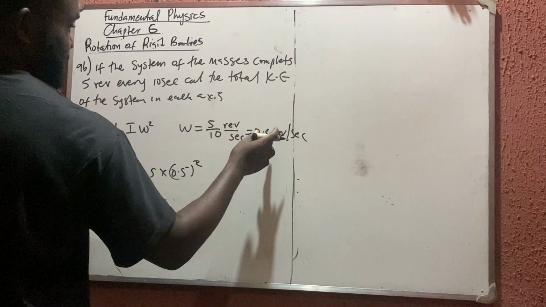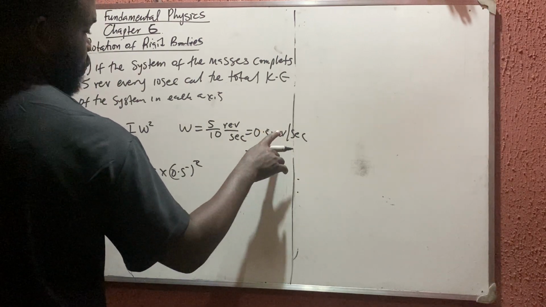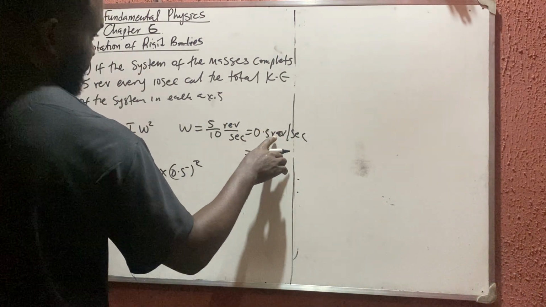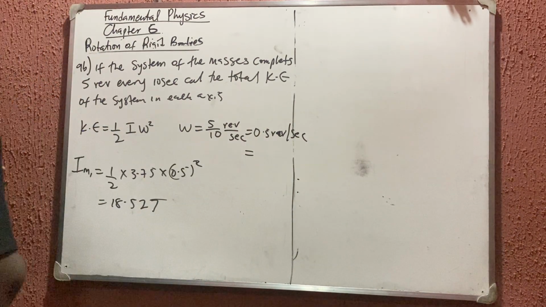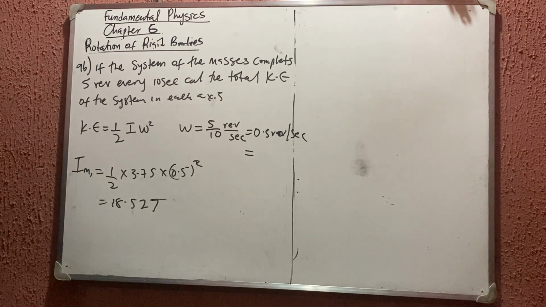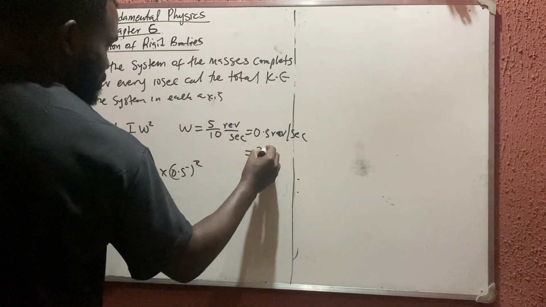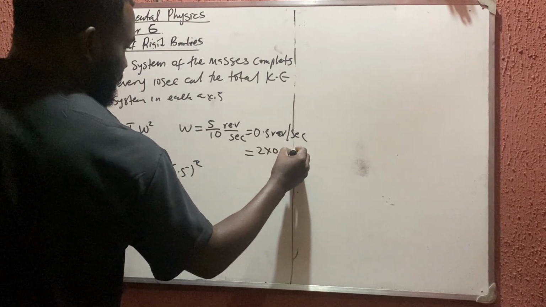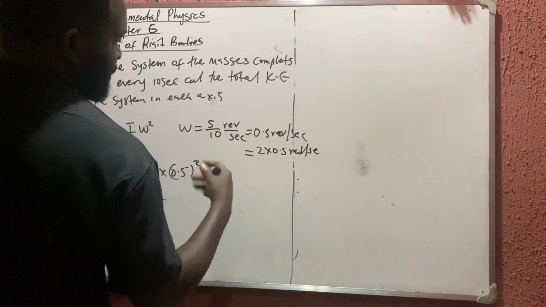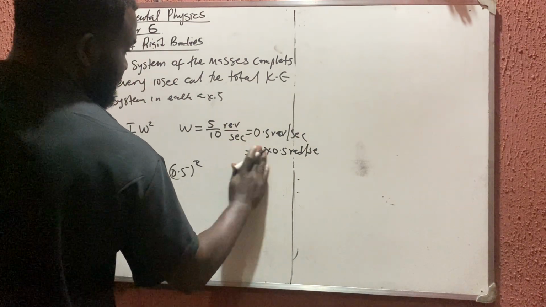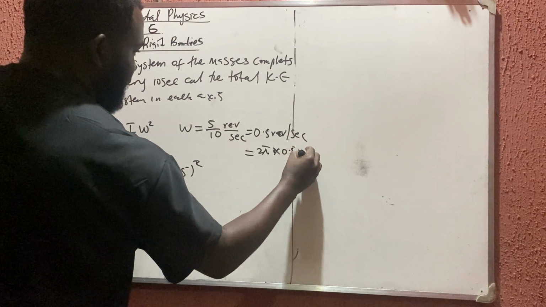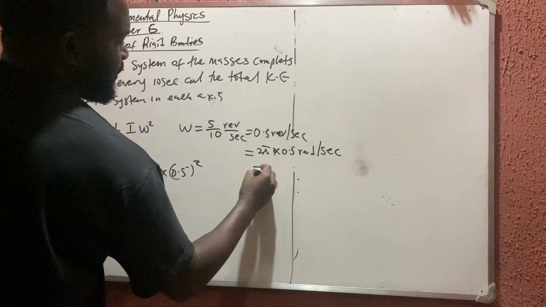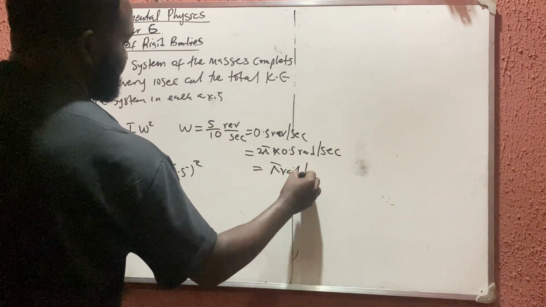But before that, this is revolution, but we're supposed to change it to radian per second. So I told you that 1 revolution is 2 pi radians. So it's going to be 2 times this, 0.5 times 2, which is 2 pi times 0.5 rad per sec, which will give you just pi rad per sec.